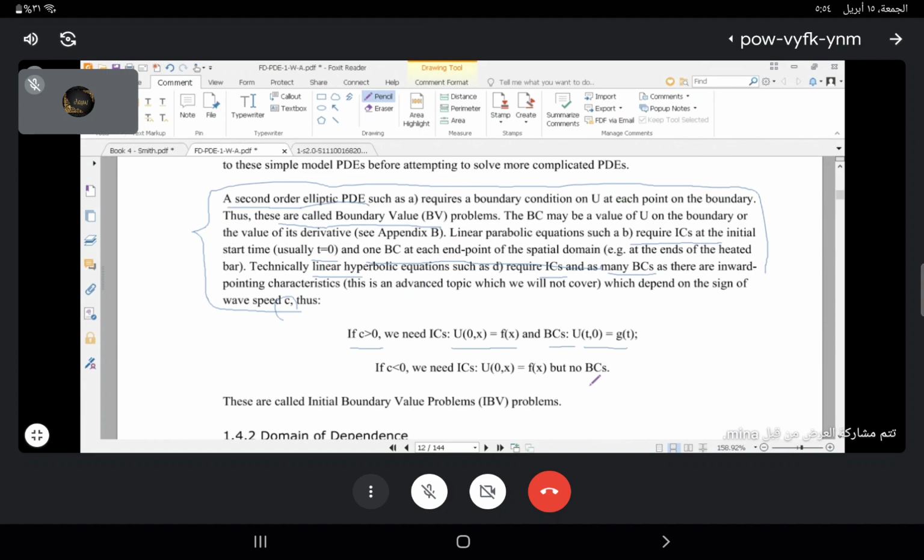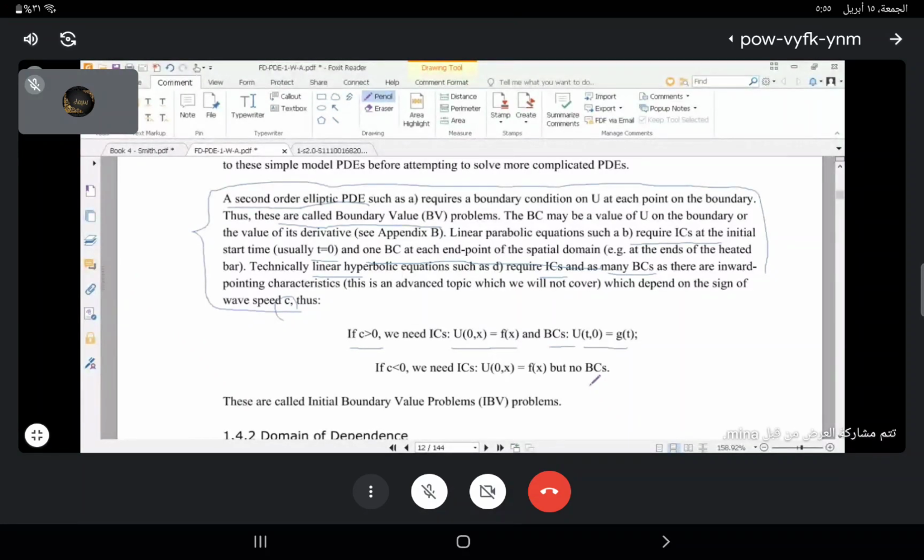If C is greater than 0, the problem has both initial and boundary conditions, but when C is smaller than 0, the hyperbolic equation is called an initial value problem.